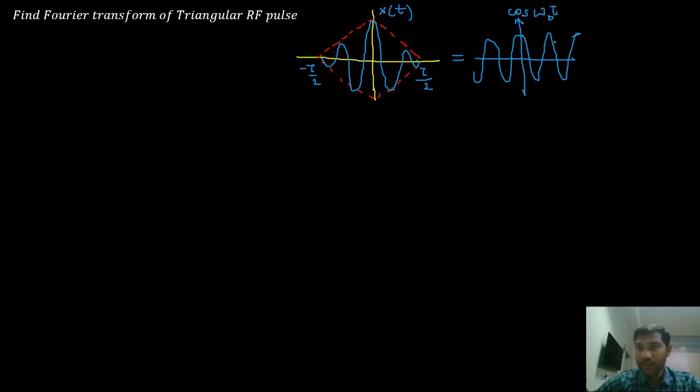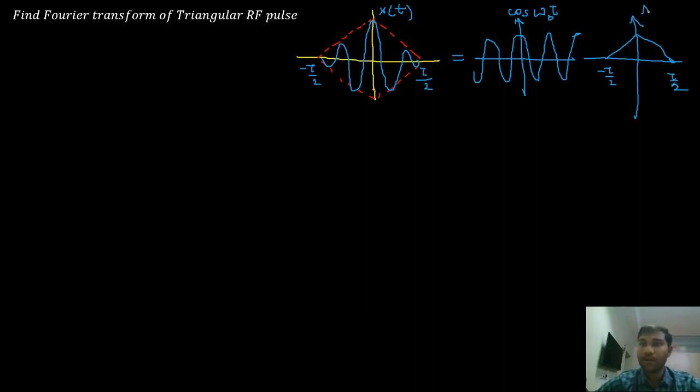And the second one is a triangular function extending from minus tau by 2 to plus tau by 2.